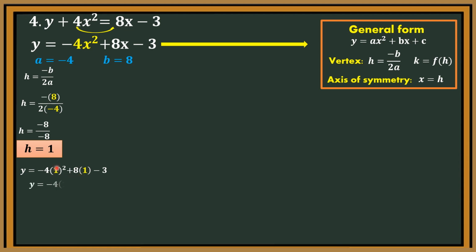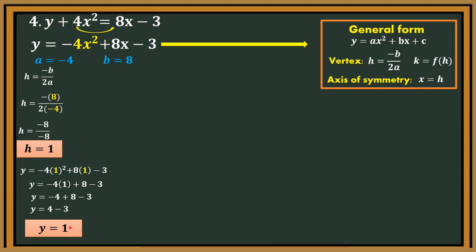Then, simplify muna natin yung nasa loob. Y is equal to negative 4, copy lang. 1 squared, that is 1. 8 times 1, that is 8. Copy, minus 3. Then, multiply natin itong dalawa. Y is equal to negative 4 plus 8 minus 3. Then negative 4 plus 8, that is positive 4, minus 3. Then, pwede na tayo mag-subtract. Y is equal to 1.